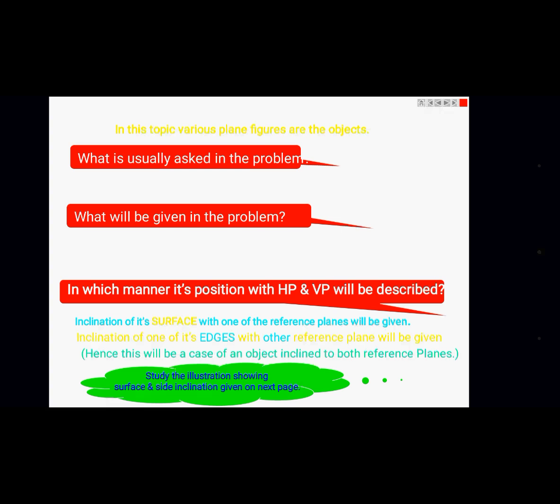And if you look in the forward direction, on your opposite side, the lamina will look like a horizontal line. So if the lamina is made to rest on HP, the top view will be a regular shaped triangle and the front view will be a line.